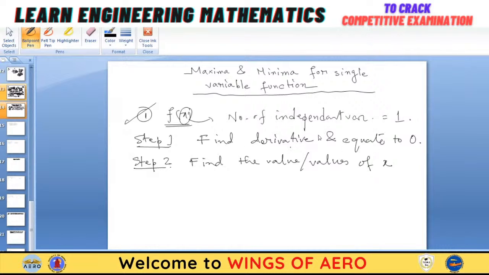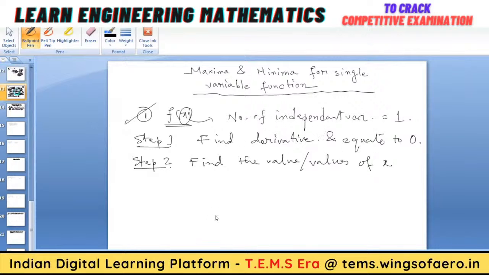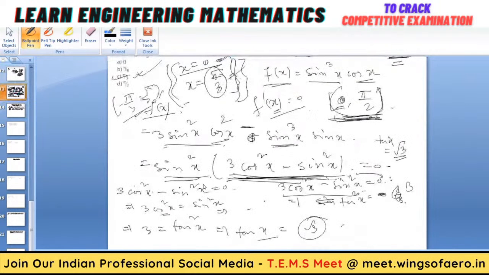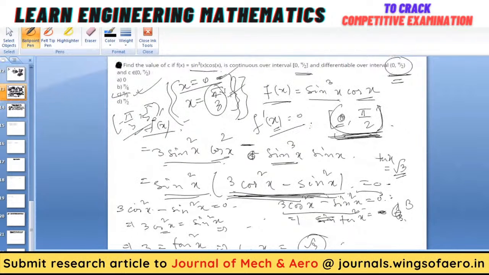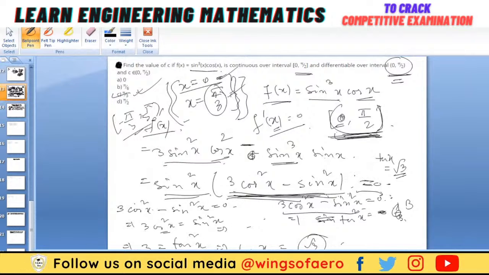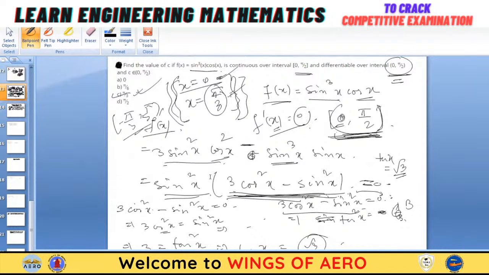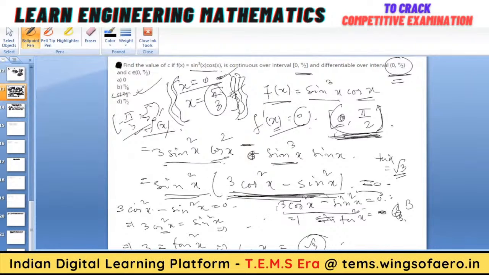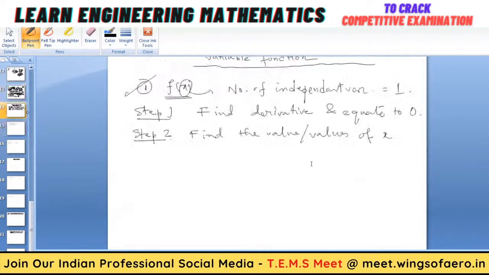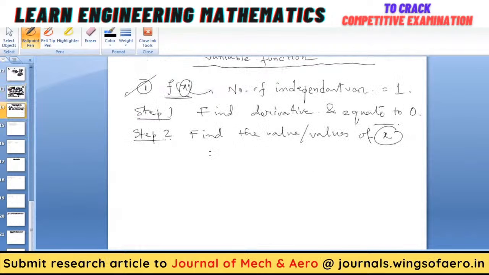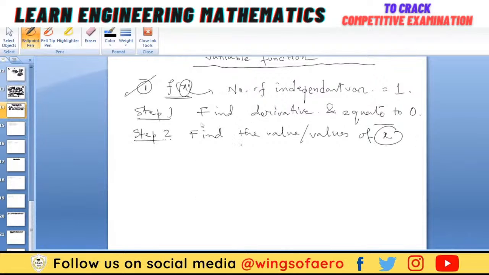Already you have done this. You are given this function, sine cube x cos x. You take the derivative, f dash x equal to 0, and equating this derivative to 0 you have found two values of x, 0 and pi by 3. It is exactly similar: first find the derivative of the function, and then find the value or values of x after solving the equation. Already you have done these two steps.